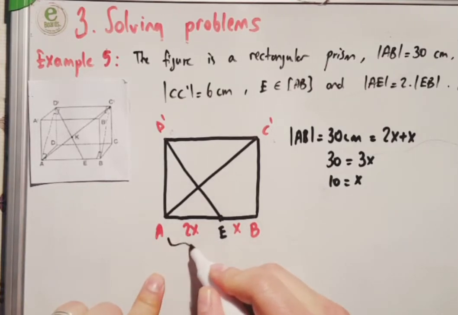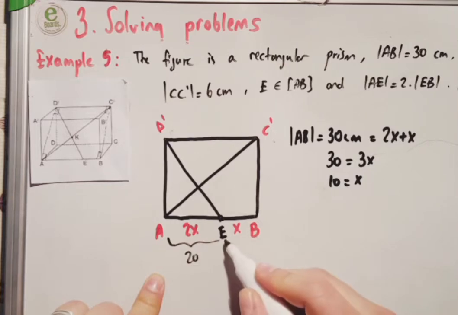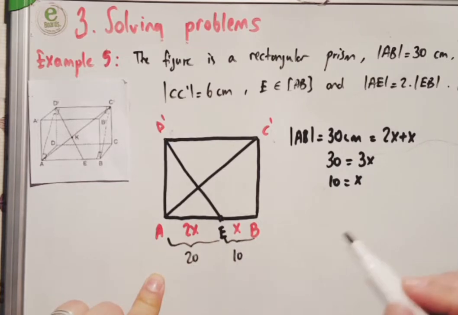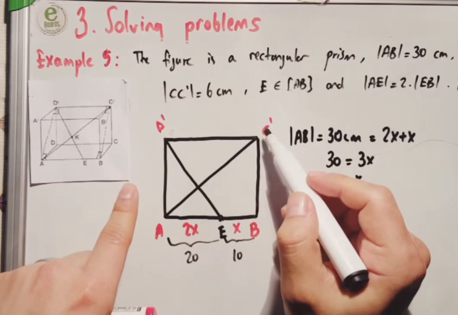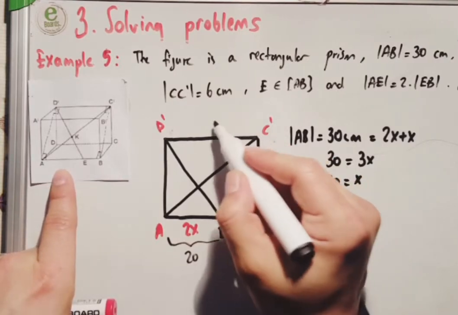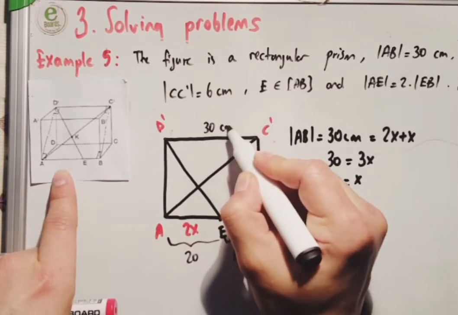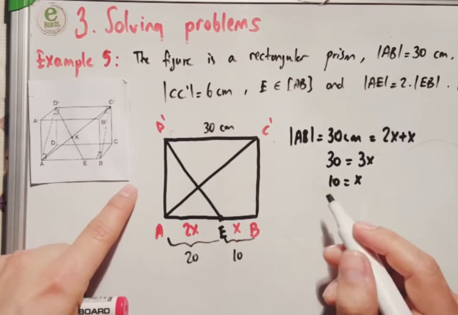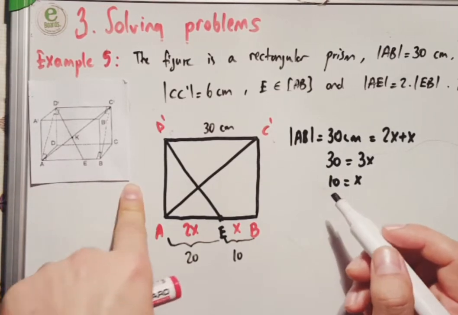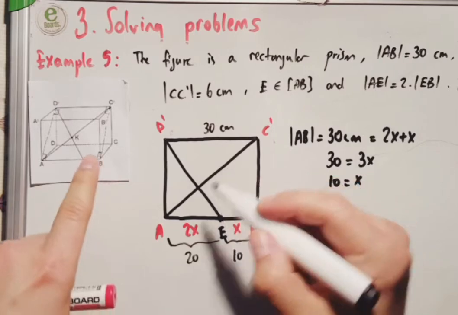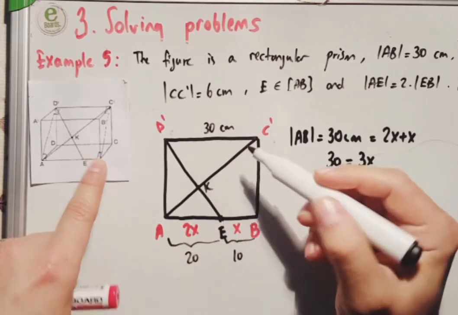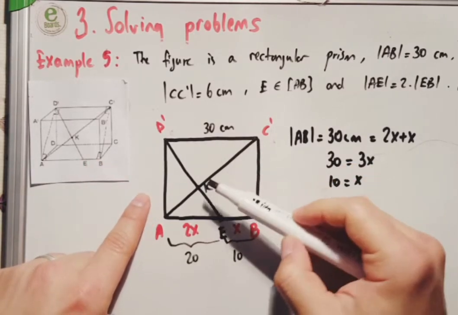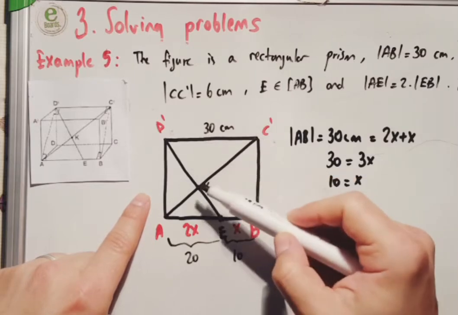So AE is 20 centimeters, EB is 10 centimeters, and the length of C1D1 is 30 centimeters. And we have a similarity, and by the way, it is the point K, between triangle KC1D1 and KAB.